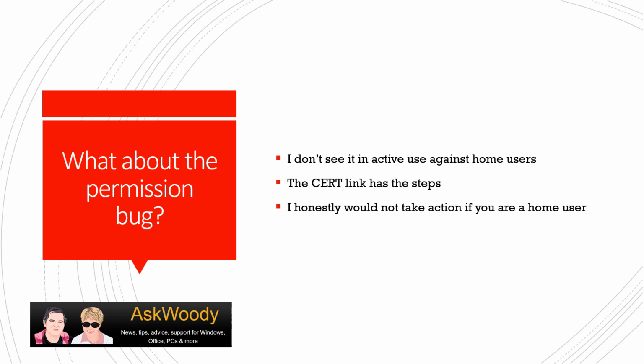Now again, I don't see it in active use against home users at this time. There's a CERT link that I've got in the post, and it has the steps to determine if you're vulnerable and if you need to take action.